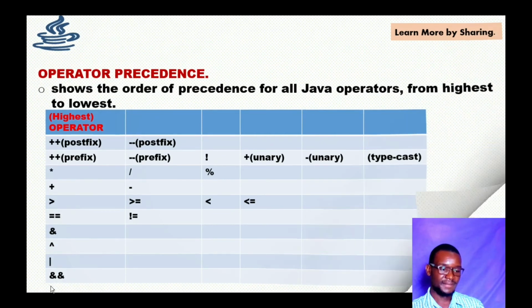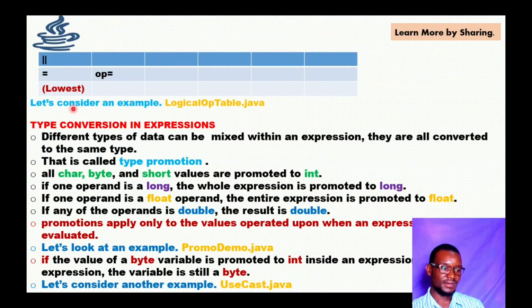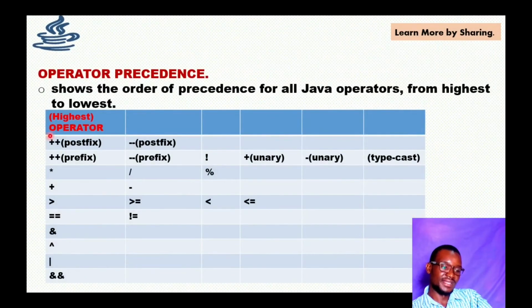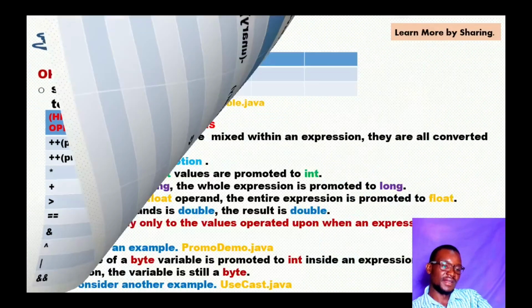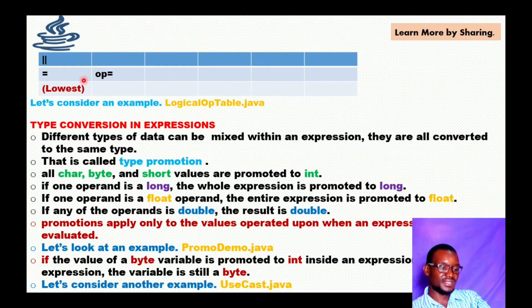And then we have the conditional or, and then the assignment, and then the operation assignment. These are the lowest operators, from highest to the lowest.